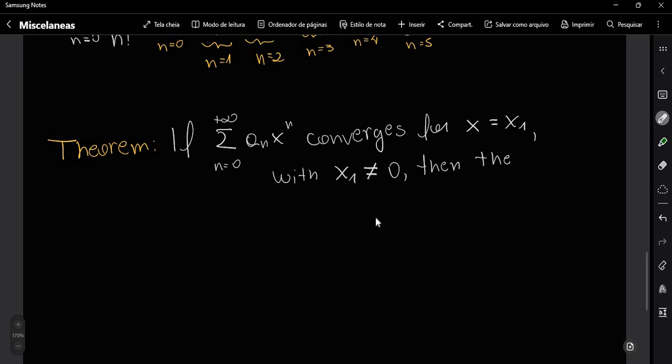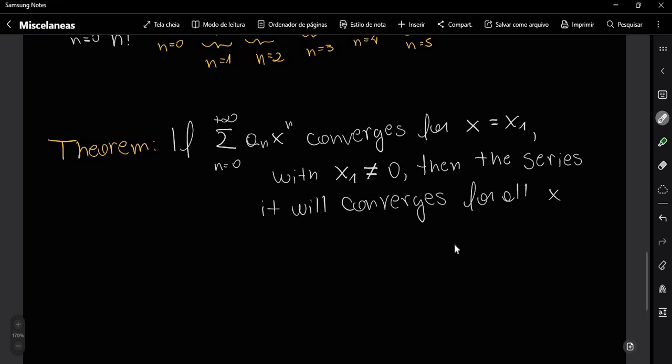then the series will converge for all x in an open interval.